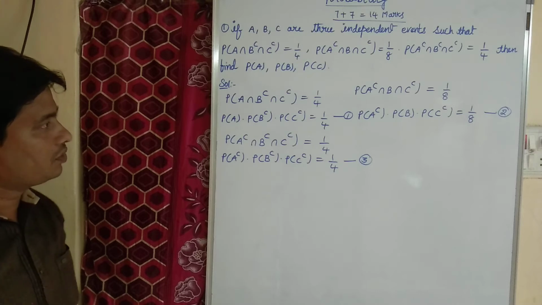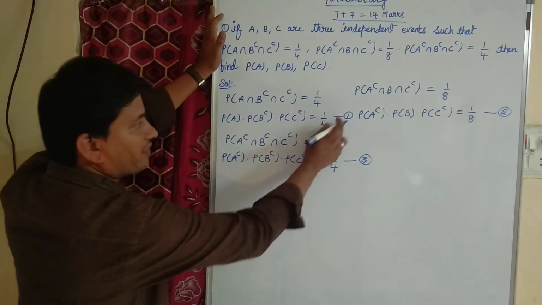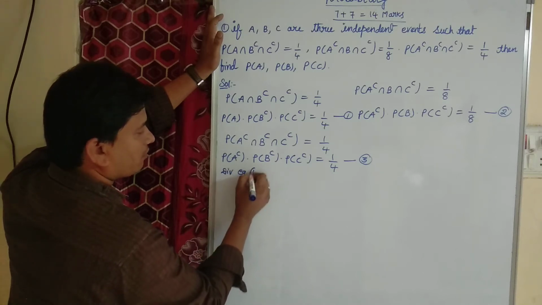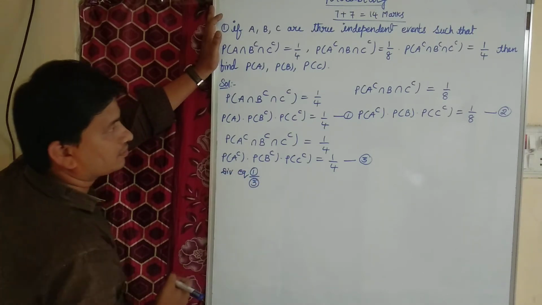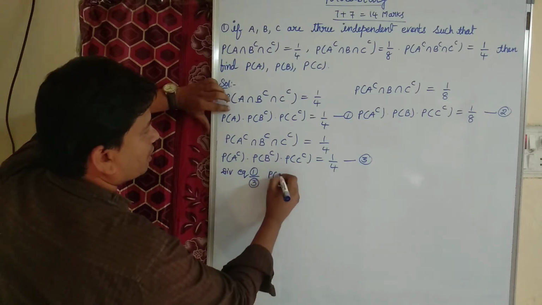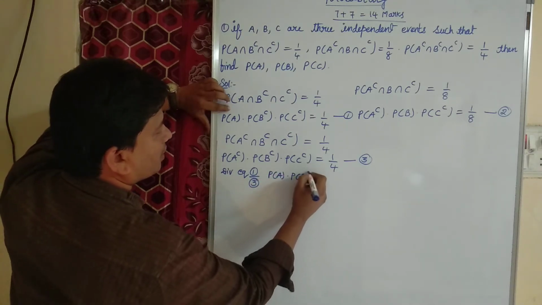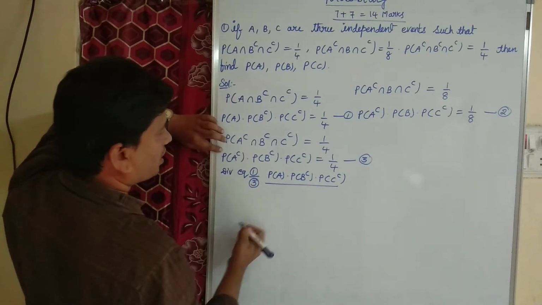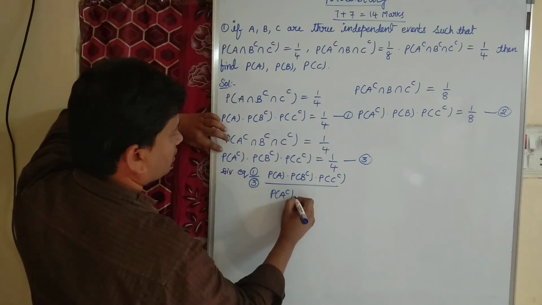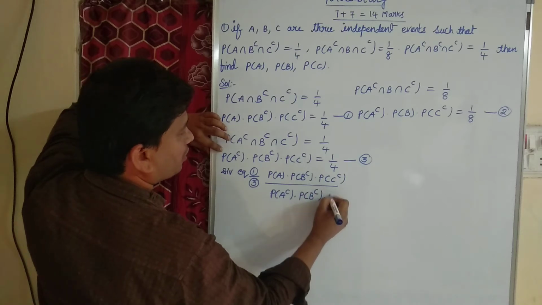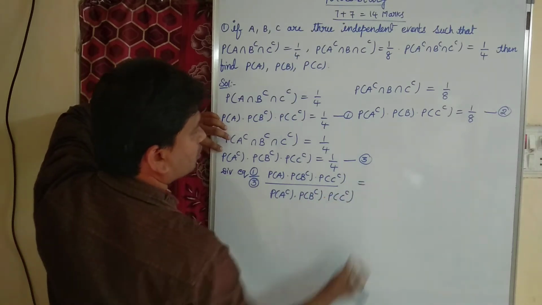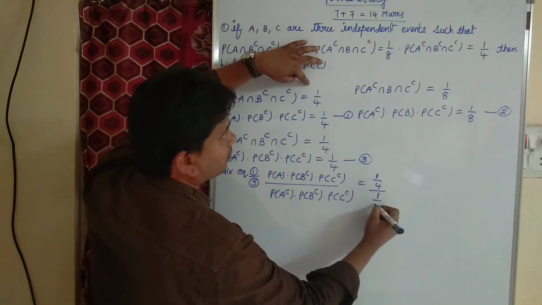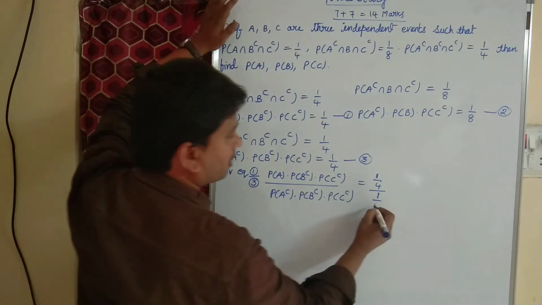So for that, let me divide equation number 1 by equation number 3. Equation number 1 is P of A into P of B cap into P of C cap, divided by equation number 3, which is P of A cap into P of B cap into P of C cap, equal to 1 by 4 divided by 1 by 4.